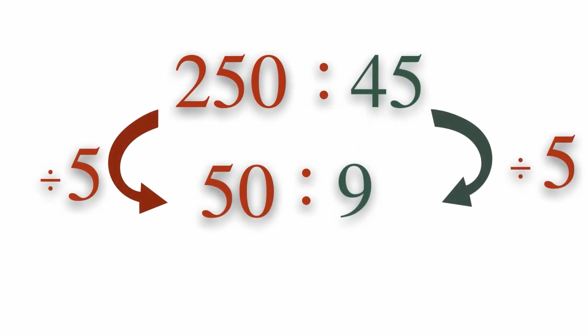Now that the units are the same, we can simply ignore them, and we can now begin to simplify by cancelling both terms. We can start dividing both sides by 5, as 5 is a common factor of 250 as well as 45. 250 divided by 5 gives 50, and 45 divided by 5 gives 9. As nothing else divides 50 and 9, our ratio is in its simplest form.